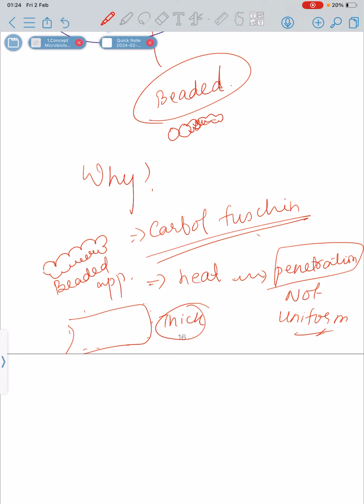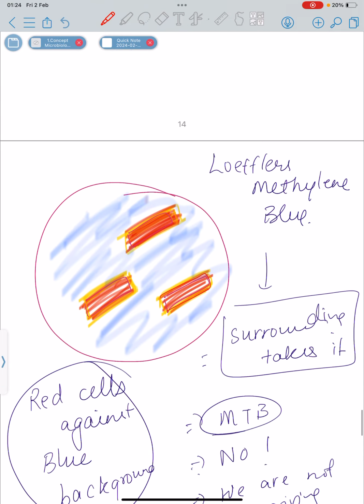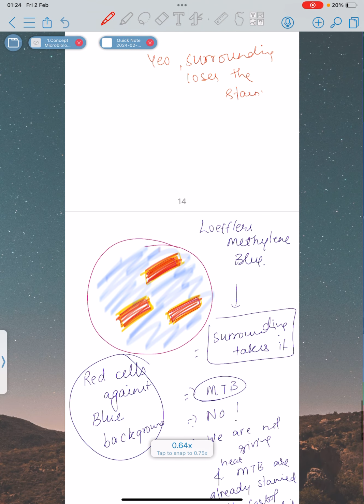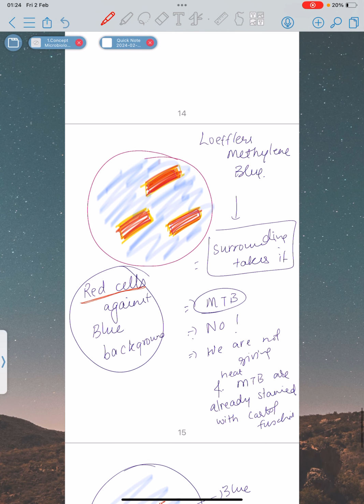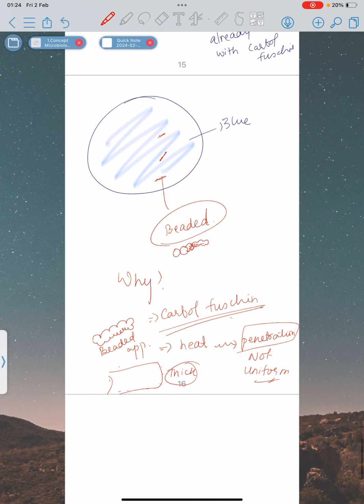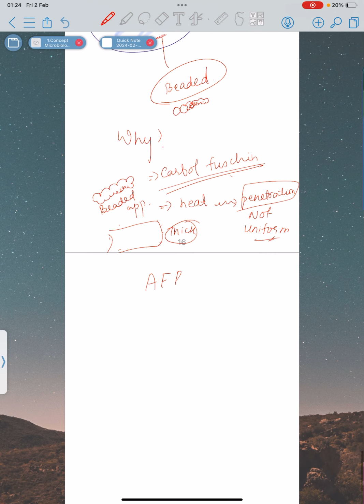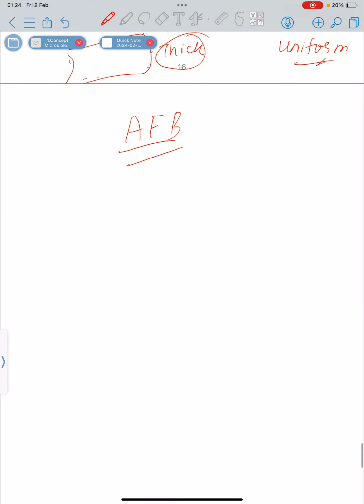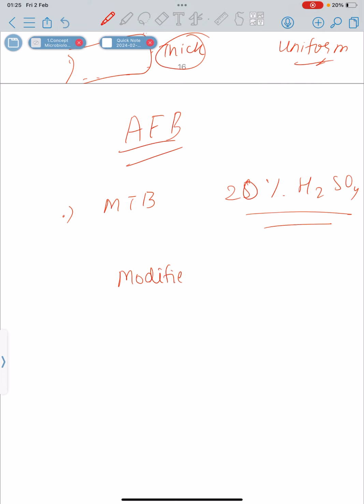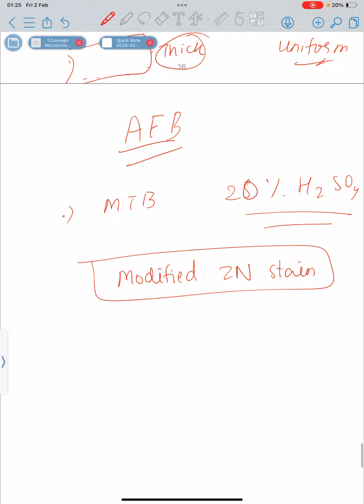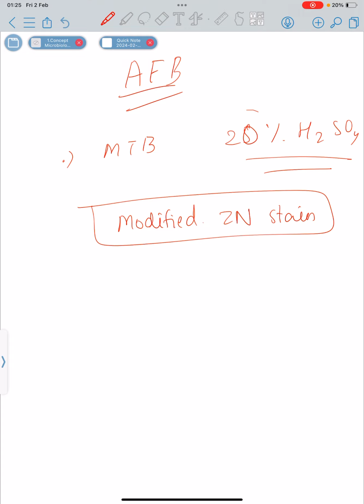Clear? So far what I've covered is that in case of acid fast bacilli, we see red cells against blue background. Now I mentioned acid fast bacilli. So who all are acid fast bacilli? MTB for sure, which resists 20% H2SO4. Now are there others? Yes, there are modified Ziehl-Neelsen stains also. In Ziehl-Neelsen stain we use 20% H2SO4.